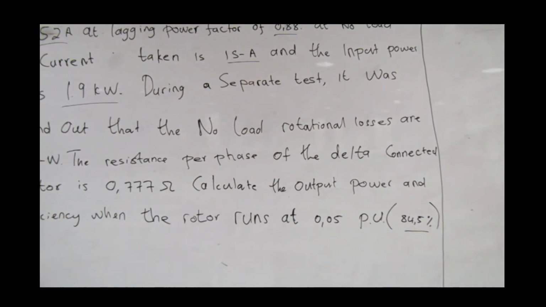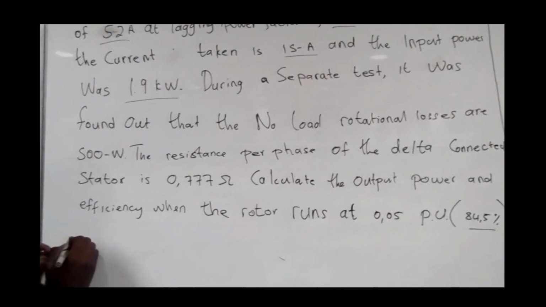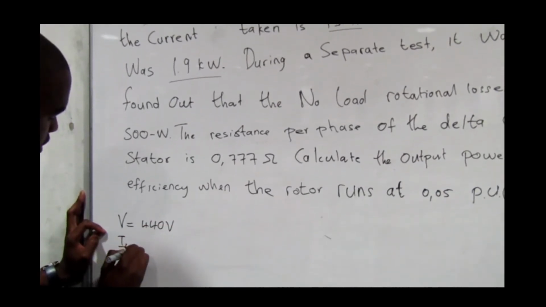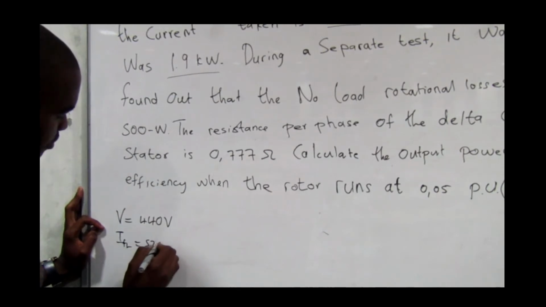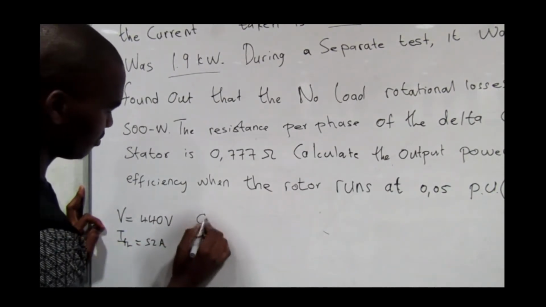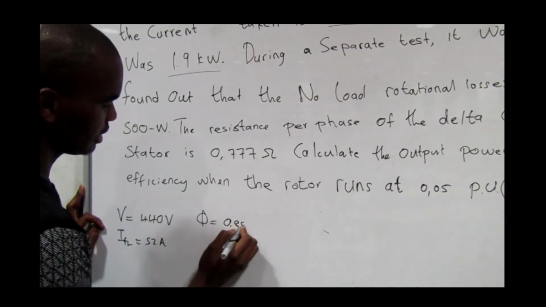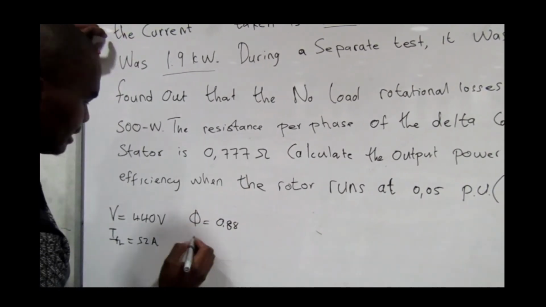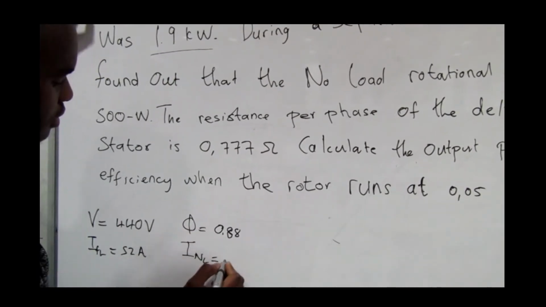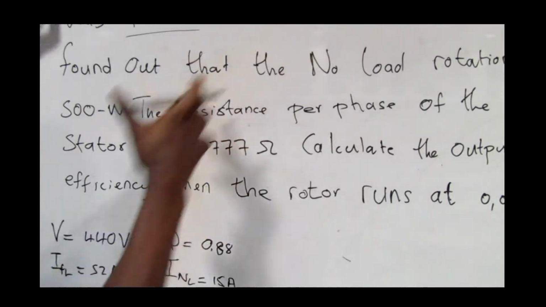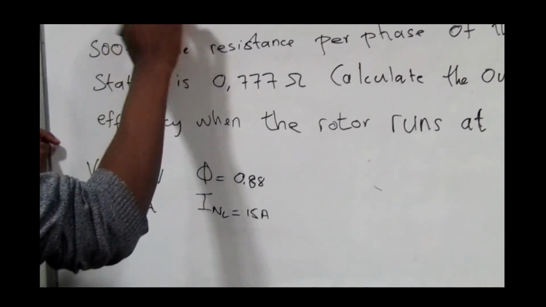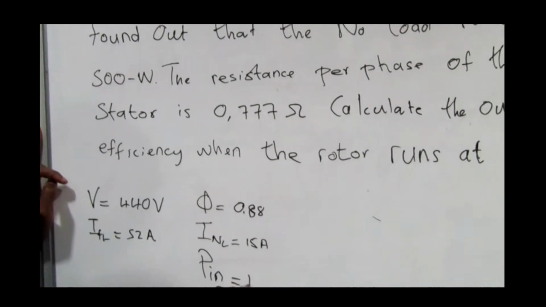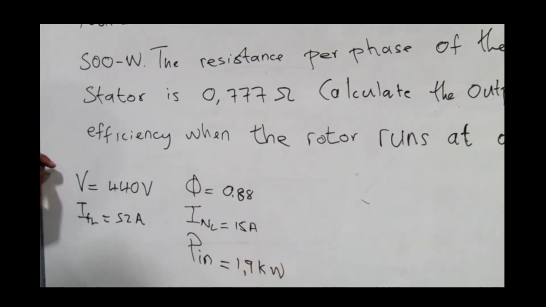So I'm going to start by writing my data. We have V equals 440 volts, and I full load is 52 amps, and then we have the power factor of 0.8, and then the current I no load is taken to be 15 amps, and the input power, this is the input power at no load, P in is 1.9 kilowatts.